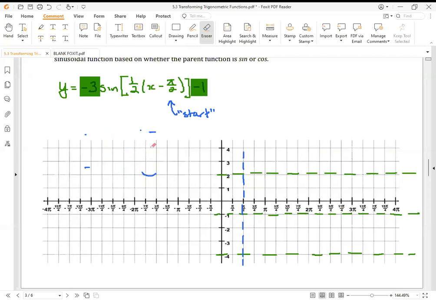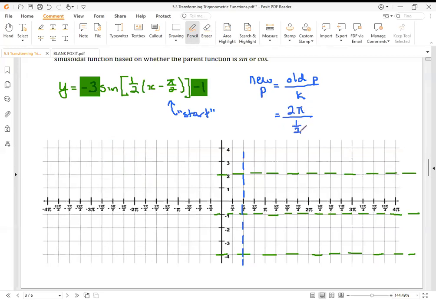And here's a tough part. Where do I end? In other words, how long is my one period? How long is my one cycle? Always, old period is always 2 pi.